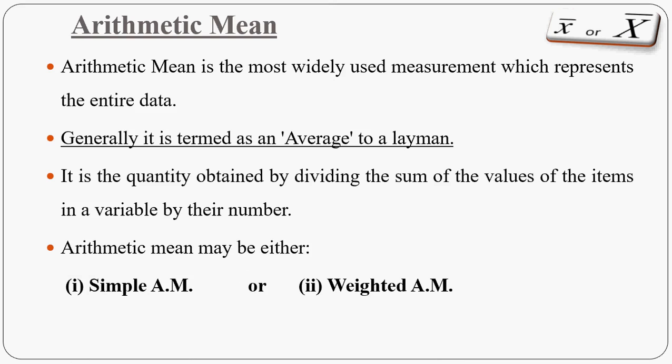Arithmetic mean is divided into simple arithmetic mean and weighted arithmetic mean. We have two. It is denoted by the symbol X bar. So X bar is nothing but the representation of arithmetic mean.